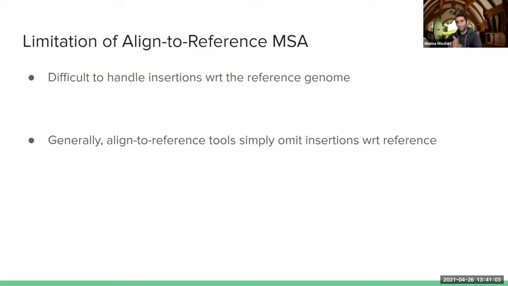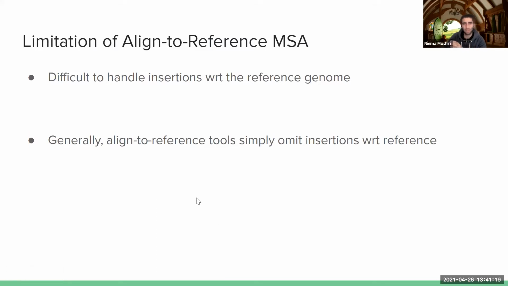Like ACT in your collected sample versus AT in your reference genome, that we cannot handle. But the other way around, ACT in your reference genome versus AT in your sample, that's a deletion with respect to the reference genome. That one we can handle fine.